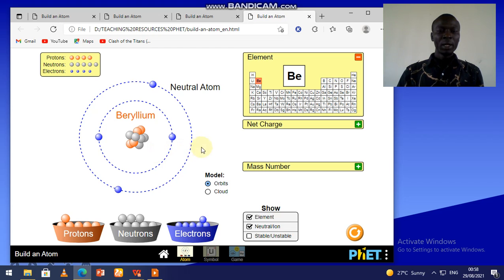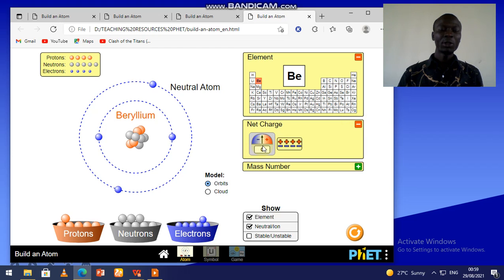Now, let's look at the net charge on this atom. The net charge on this atom is 0 because the number of positive charges is 1, 2, 3, 4, and the number of negative charges is 1, 2, 3, 4. What is the mass number? The mass number, we said, is 9. Now, does this beryllium atom have to lose electrons to become stable, or gain electrons?